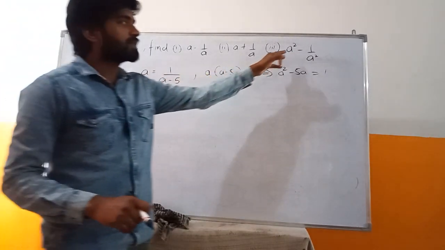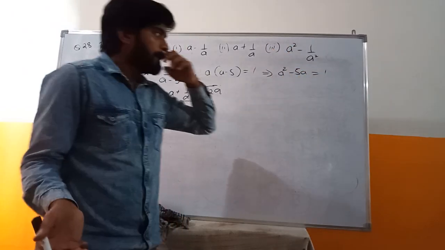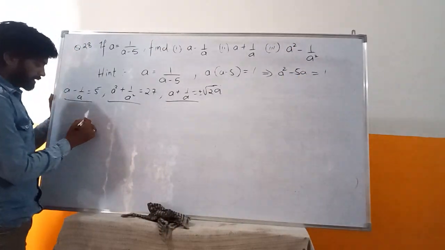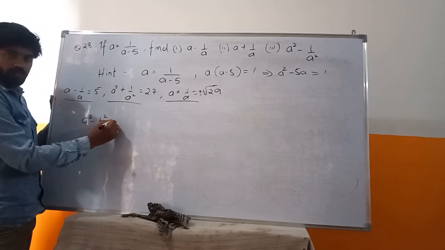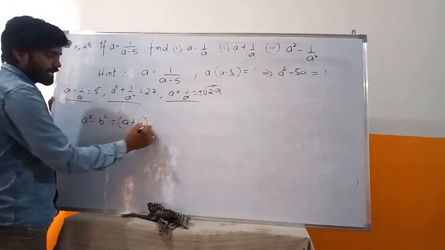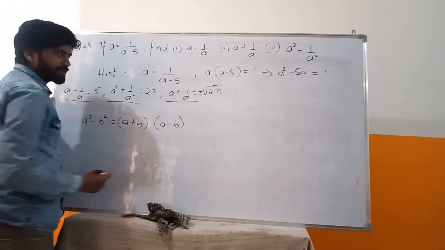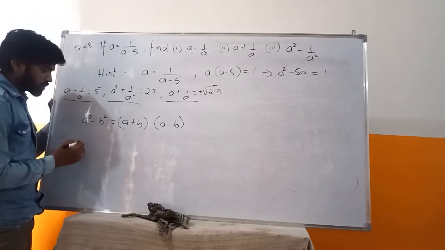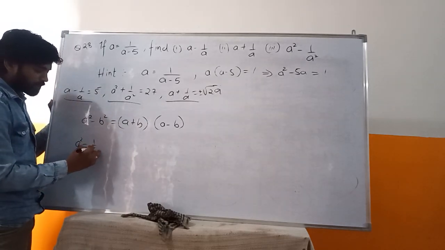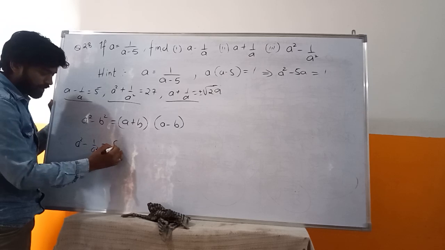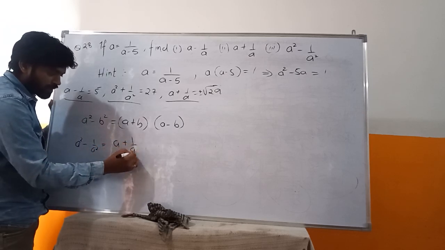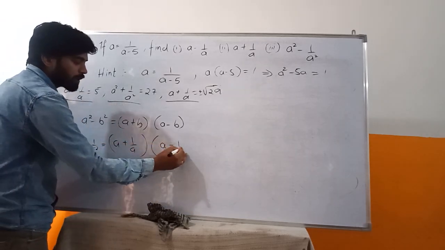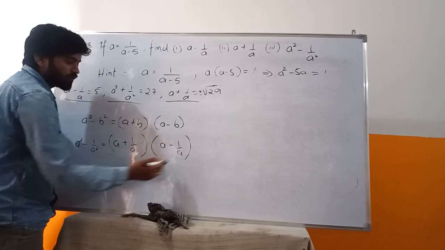Now my problem is this: which formula should I use for this? This one formula: a square minus b square equals a plus b times a minus b. This is the formula I'm going to apply for this. So a square minus 1 upon a square is going to become a plus 1 upon a times a minus 1 upon a. I hope every one of you agrees with me.